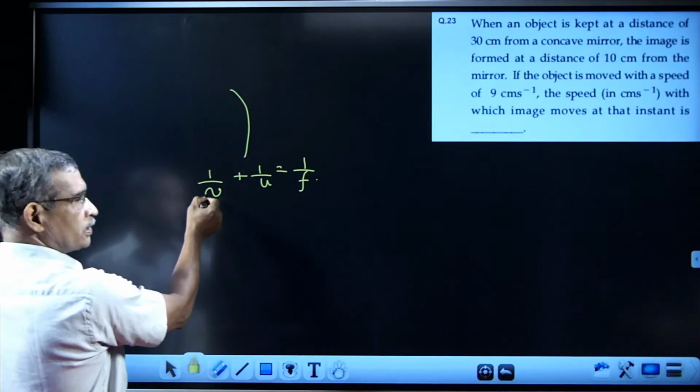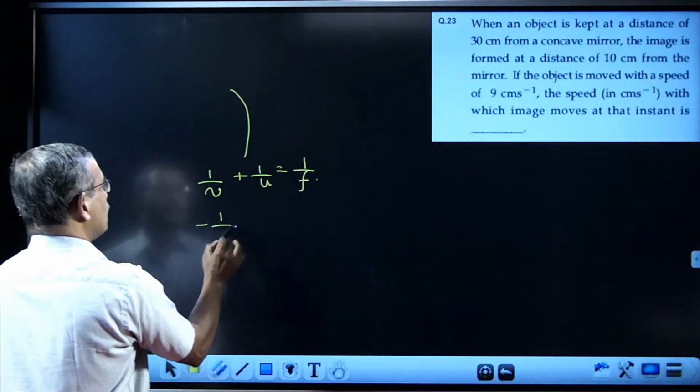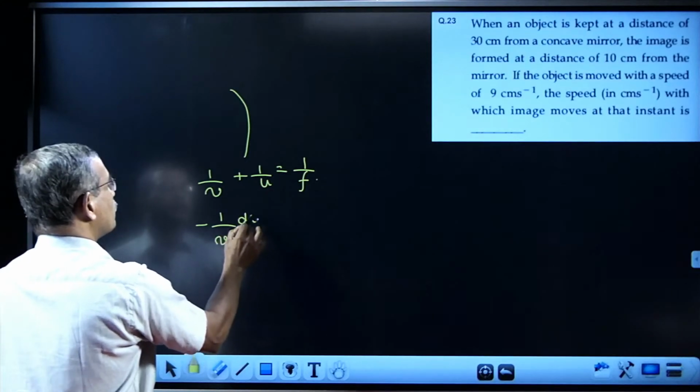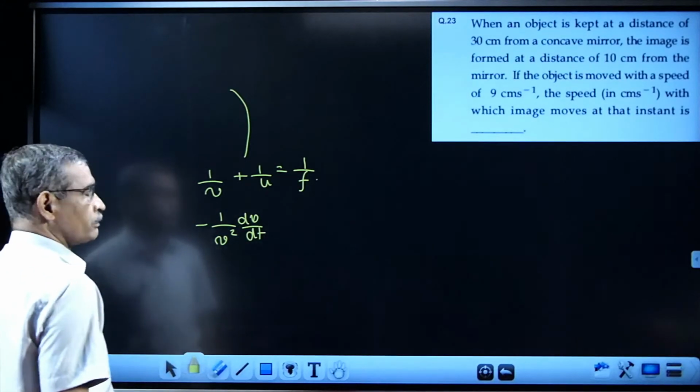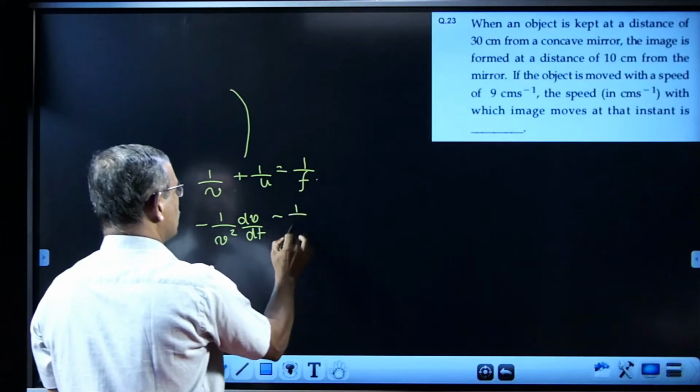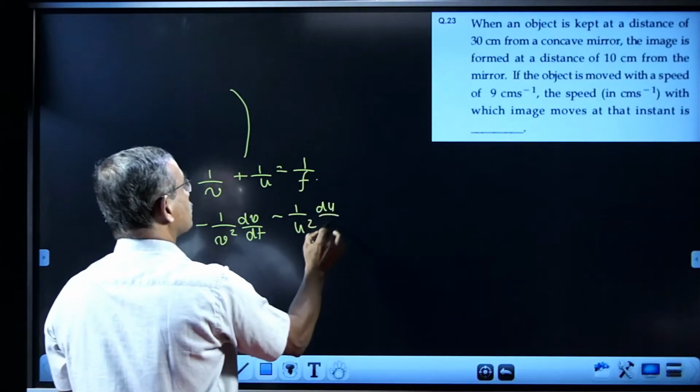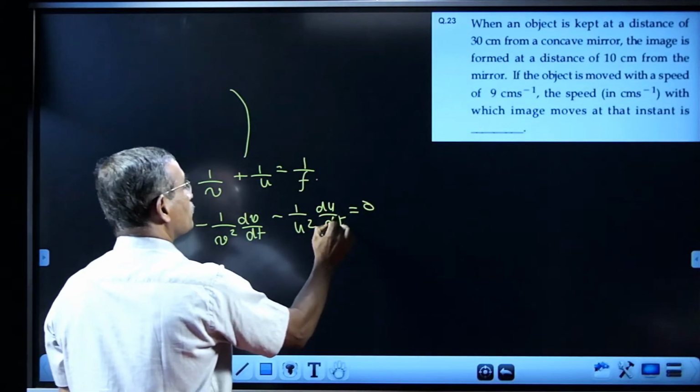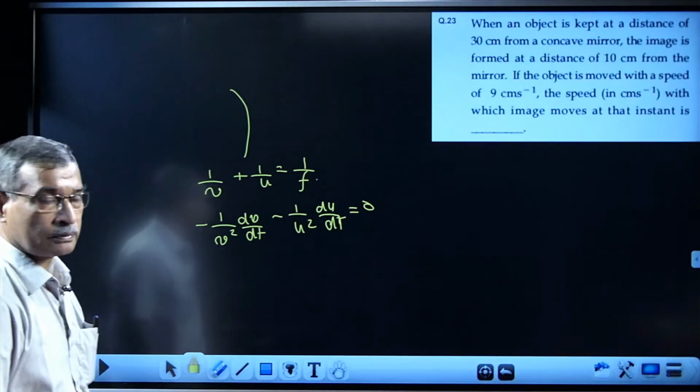If you differentiate this one, minus 1 by v squared dv by dt, minus 1 by u squared du by dt equal to 0, because f is a constant.